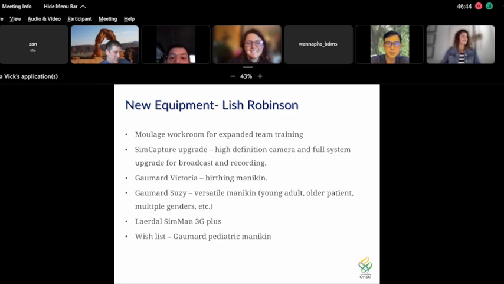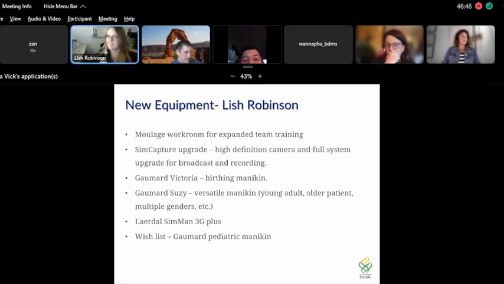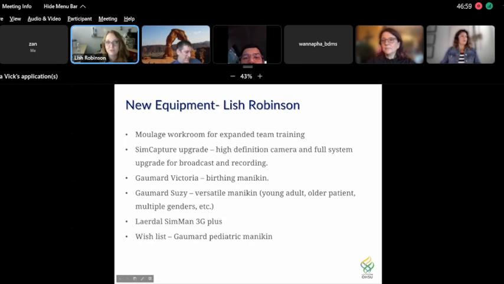So I just want to give you a quick update about some of the exciting things that have been happening around the OHSU SIM Center. The first thing, which I don't have a specific slide or photos for, is that we repurposed what used to be my office. It's a supply room now.